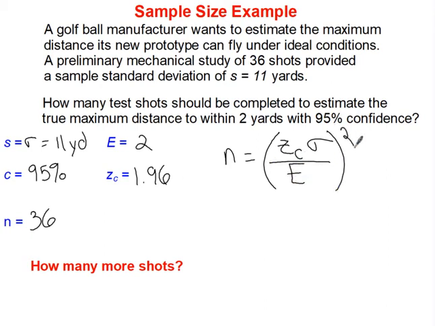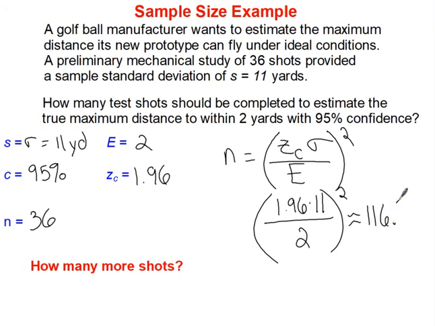So I'm going to go ahead and manipulate those numbers a little bit. My ZC, 1.96, the standard deviation of 11, over my desired error of 2, square that number. So 1.96 times 11, divided by 2, square that, and I get about 116.2.